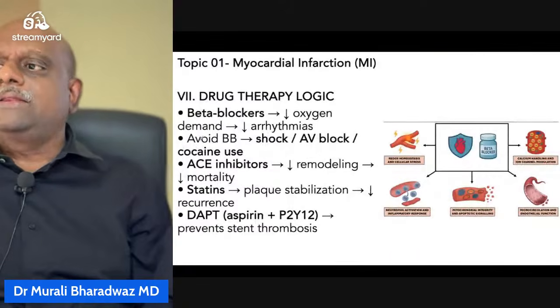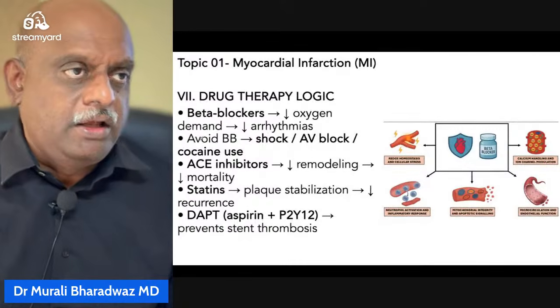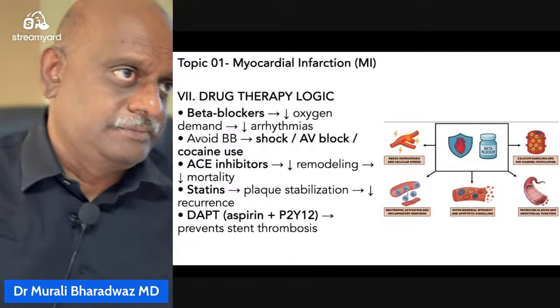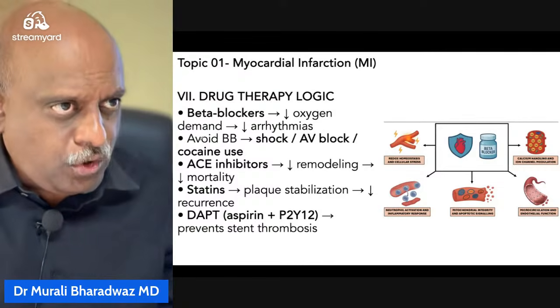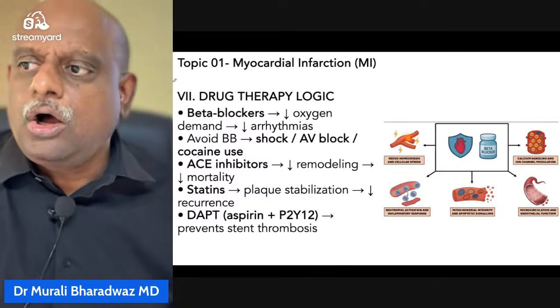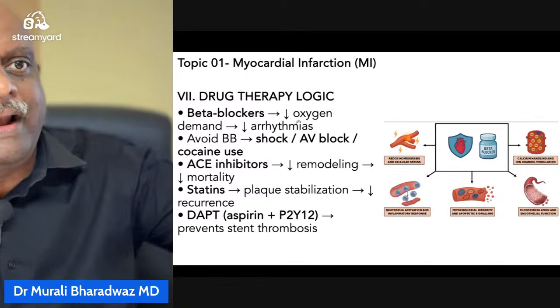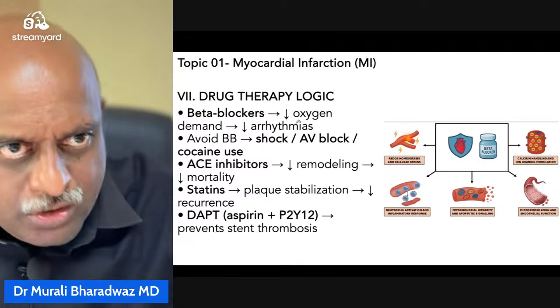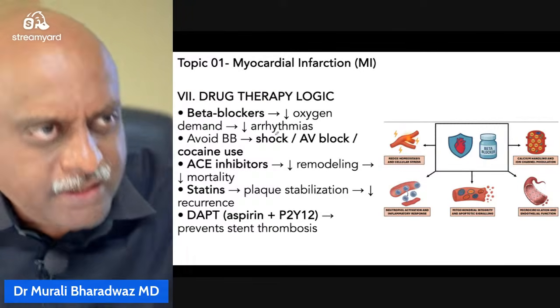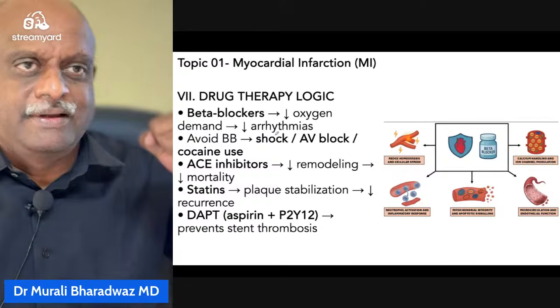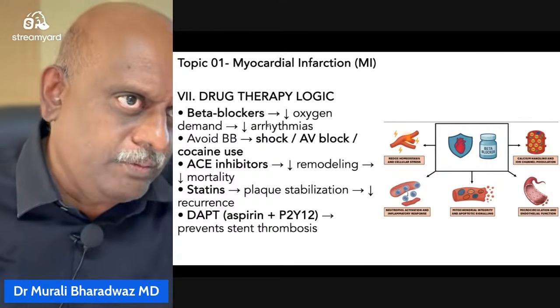Now what is the drug therapy? What is the logic in giving that? We give beta blockers: metoprolol, bisoprolol, carvedilol. All of them decrease the heart rate, decrease myocardial oxygen demand, and decrease the tendency for arrhythmias. That's the reason we give beta blockers.